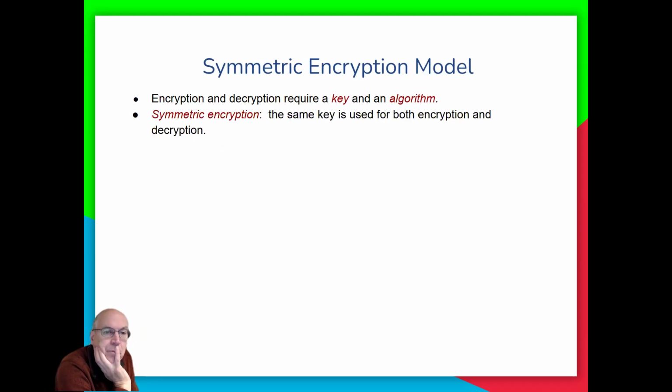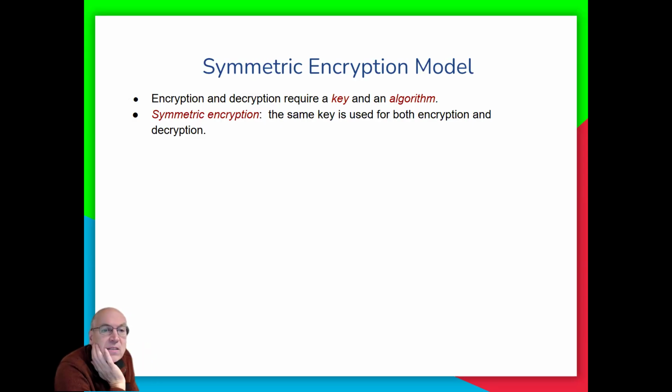Now, in general, we'll start with what is called symmetric encryption. We'll have a key and an algorithm, and symmetric means we use the same key on both sides. Both parties will encrypt it the same way.